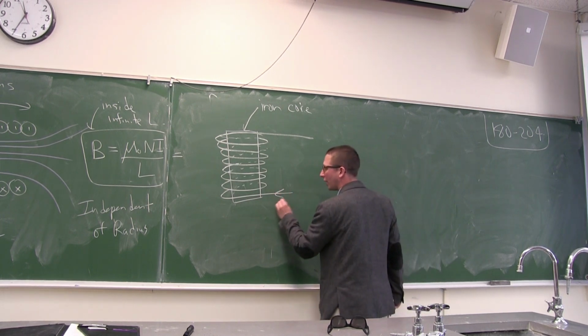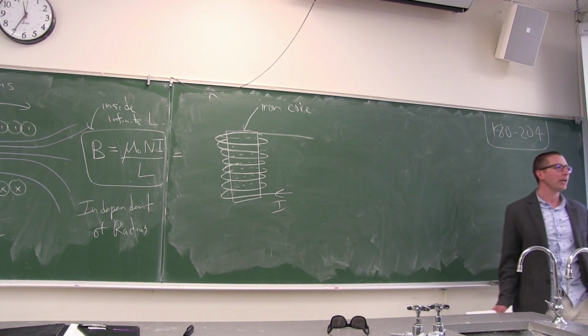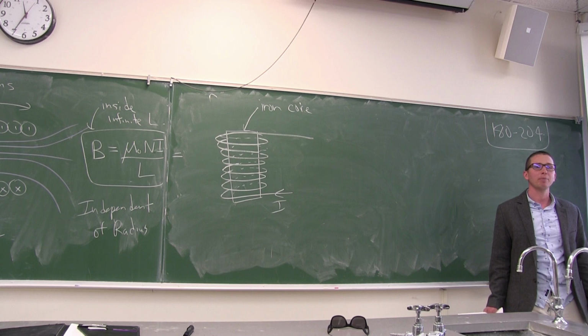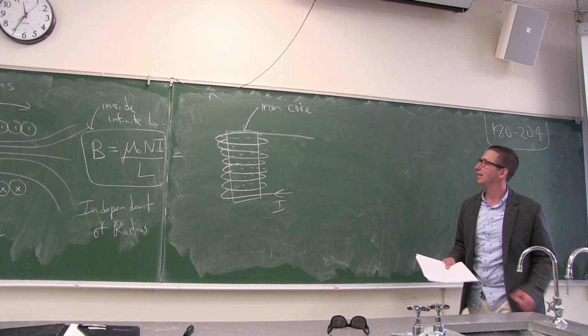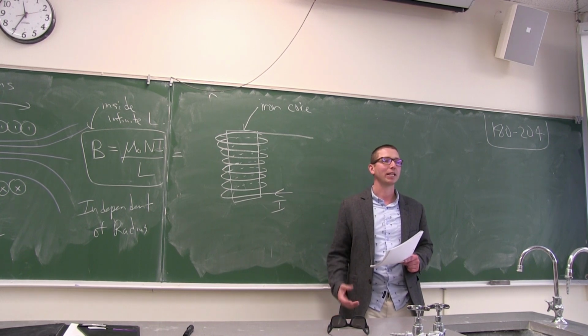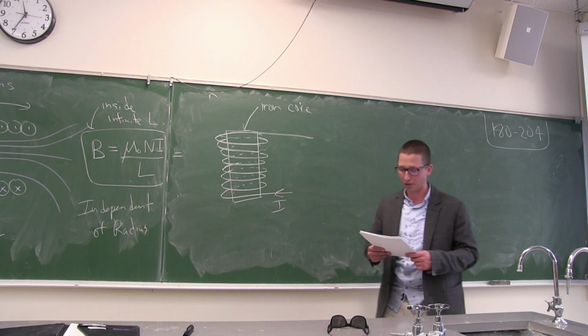Let's imagine I have current coming around here. Just like putting a dielectric into a capacitor beefs up the capacitance, putting an iron core into a solenoid basically beefs up the magnetic field.